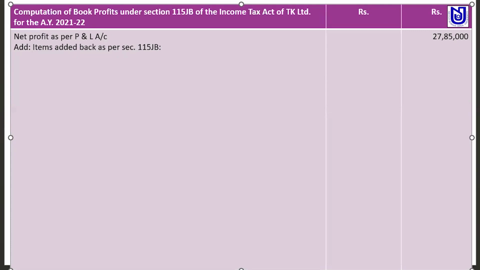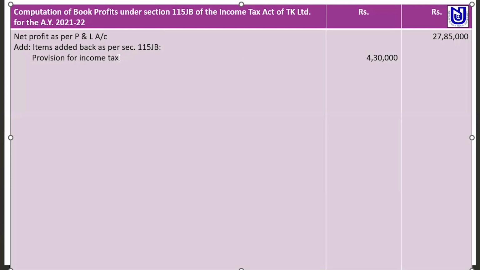Any income tax paid or payable, any dividend distribution tax or tax on dividend income, surcharge, education cess, etc. are to be added back. Here we see provision for income tax, so provision for income tax is to be added back. What is the figure in the problem? 4,30,000. So we'll be taking here 4,30,000.